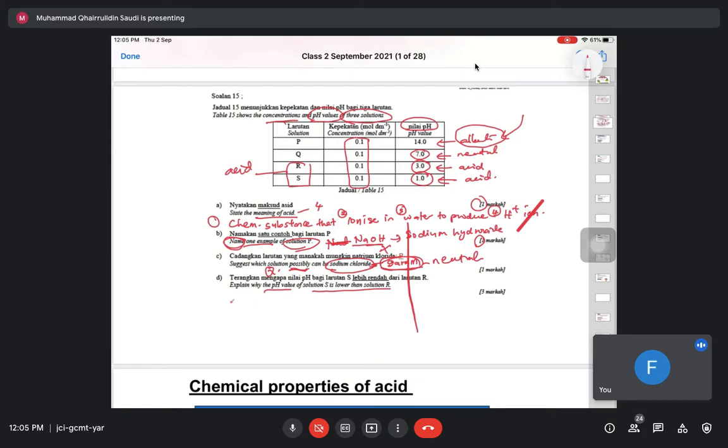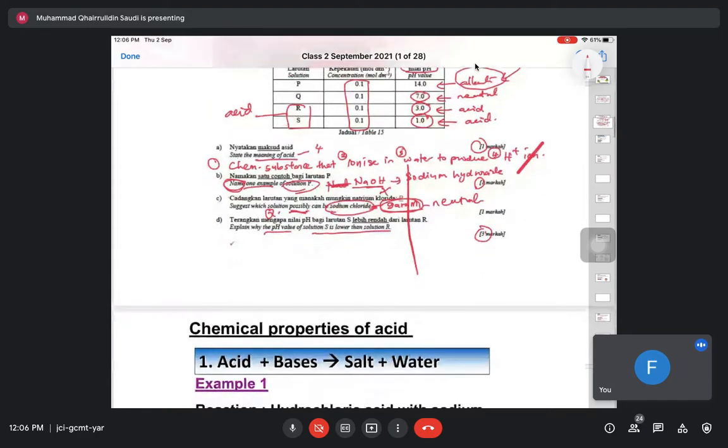Sebab tu dia bagi tahu terus solution S ionized completely in water to produce higher concentration of hydrogen ion. Solution R ionized partially in water to produce lower concentration of hydrogen ion. Nampak tak, dia gabungkan terus point number 4. Sebab tu dia 3 marks sahaja. And then the last point, the higher the concentration of hydrogen ion, the lower the pH value. So that's why it only gets 3 marks.